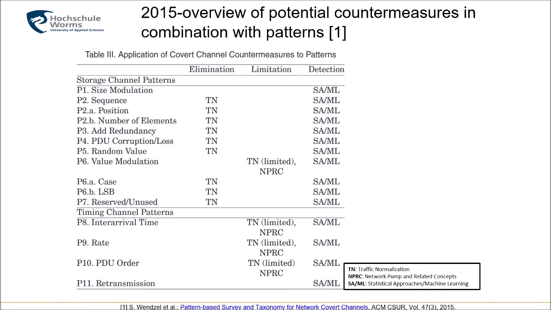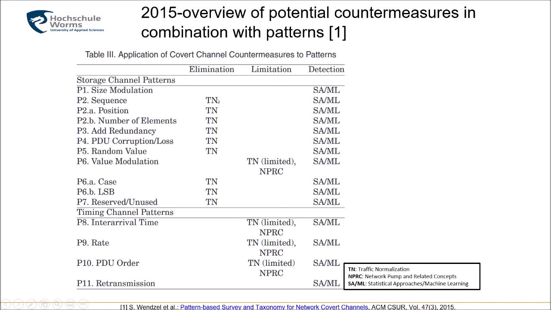Here's an overview of our ACM CSUR paper, the patterns paper. That's back from 2015, so we extended this already, but in general it's still valid. With traffic normalization you can combat many channels, either by eliminating or by limiting them.